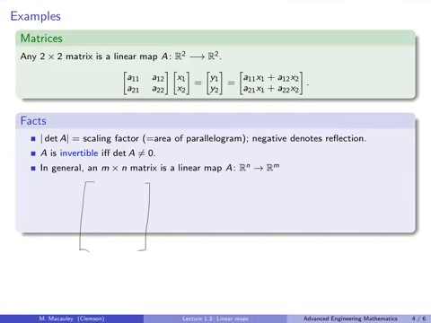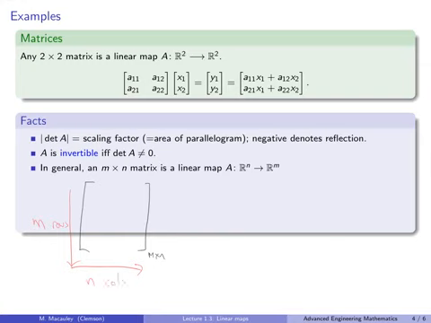So let's consider an m by n matrix. So here's how I always think of it. I draw an L like this. So I go down and then over. And I say if this is m by n, then that is m by n. So m by n means m rows and n columns.